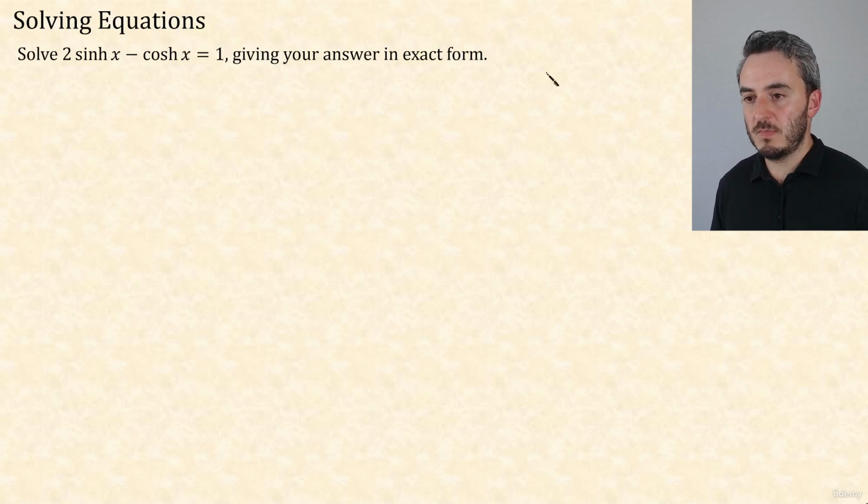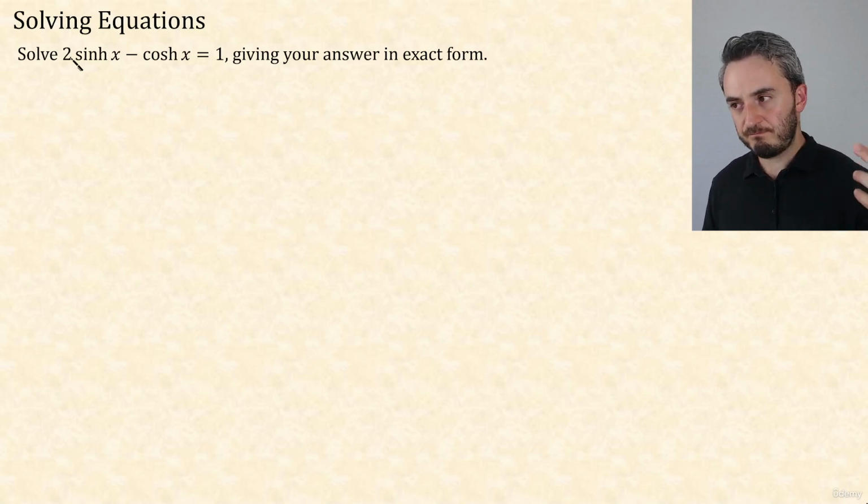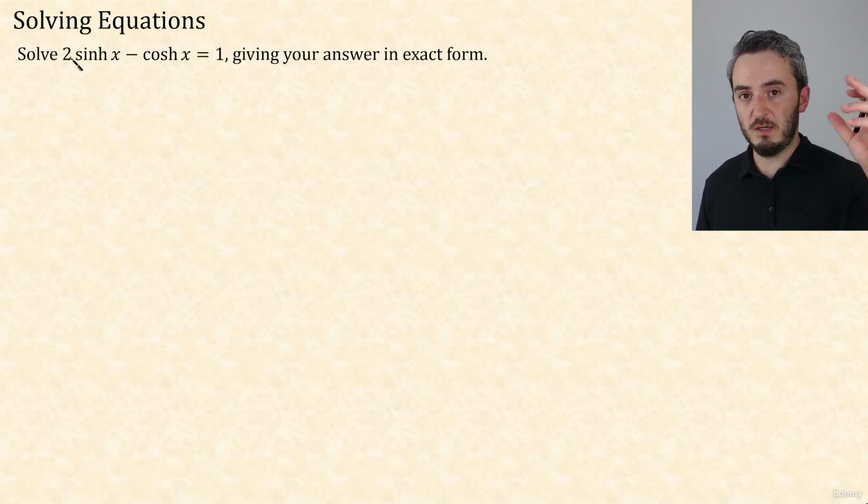Recall from standard trig that if we were solving 2 sin x minus cos x equals 1, it's a bit of a pain basically, and really the only way to solve it is to turn it into harmonic form, r sine or r cos of something plus something, and solve that way. That's all getting quite messy and quite involved here.